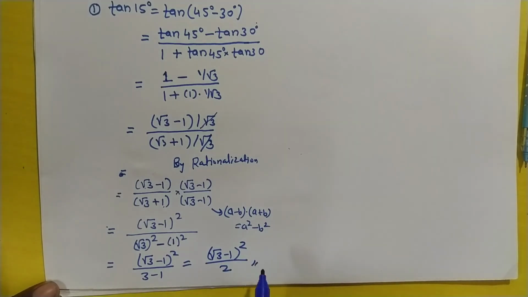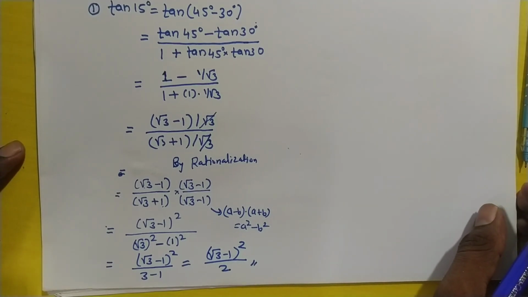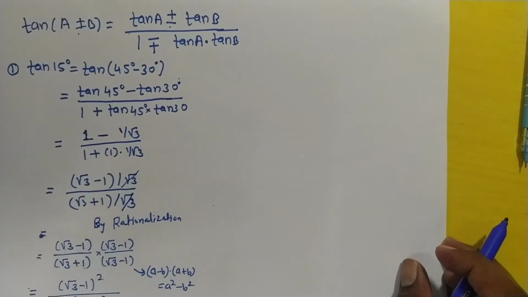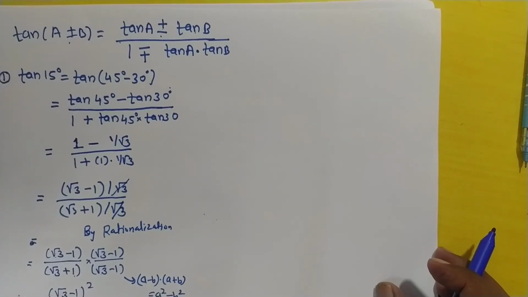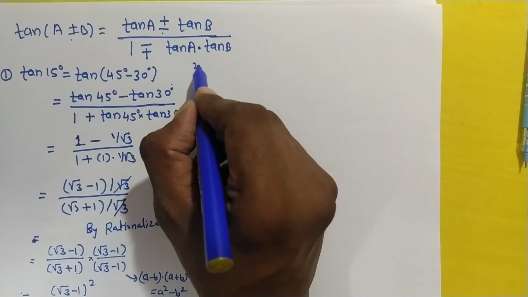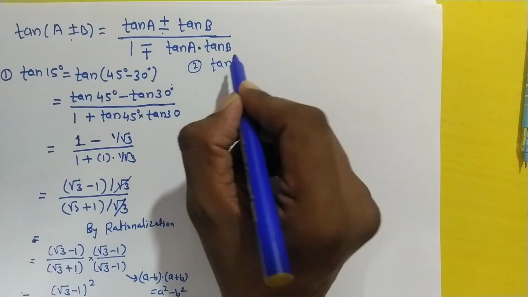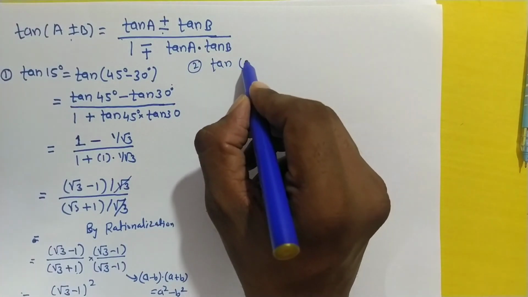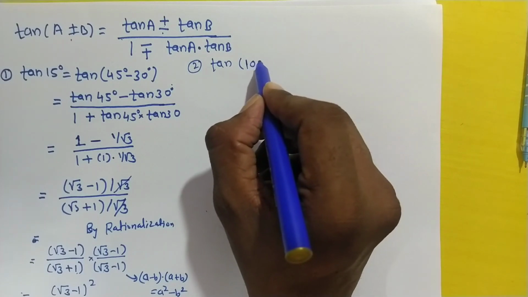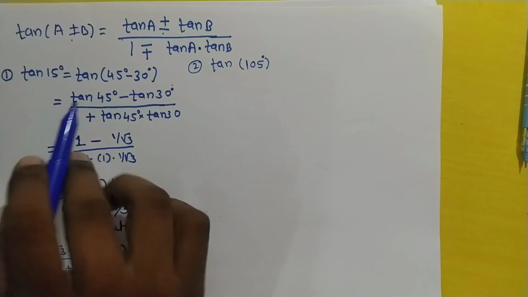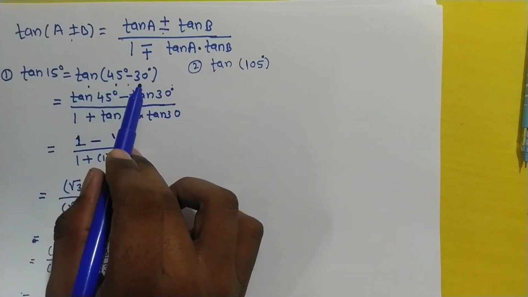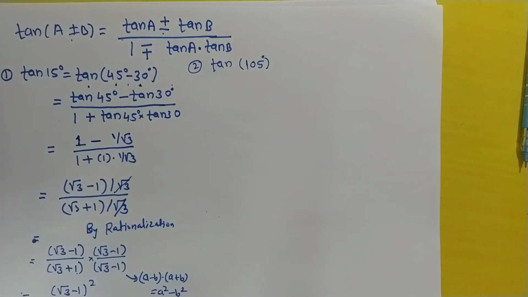So this is the final answer. So we take one more example. Second example, tan of 105. We know that tan of 15 degrees is tan of 45 minus 30 degree. So we get this answer.